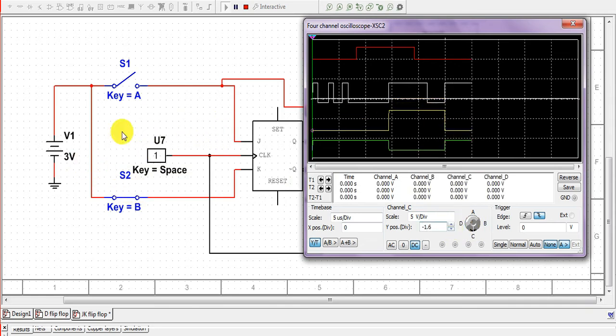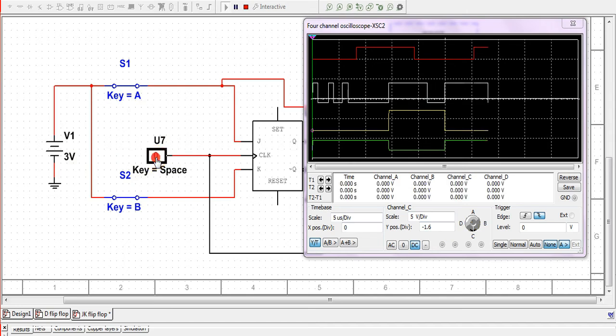If we close both the switches, the output won't change until the clock pulse changes. On the rising pulse from low to high it goes to the set position, and on the next rising pulse from low to high it goes to the reset position.